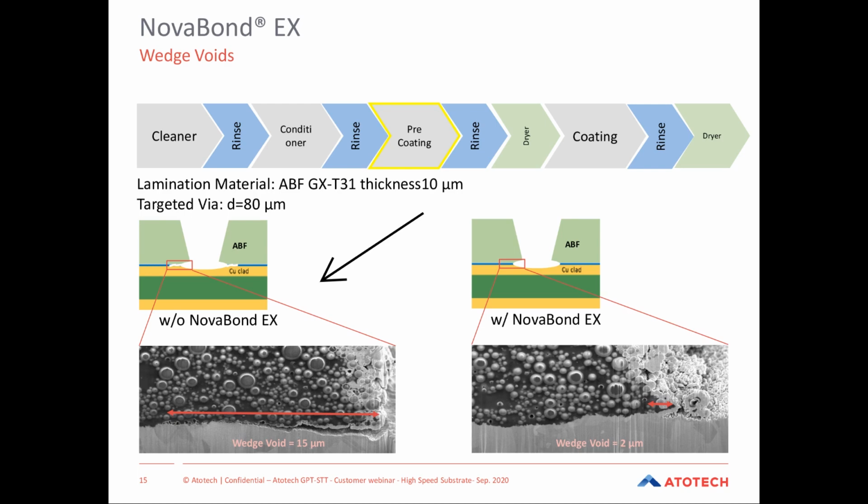With Novabond EX, we could significantly improve the wedge void performance. It means we can significantly reduce chemical attack or oxidation happening at the interface. Without Novabond EX it is almost 12 micrometer or 30 micrometer, and with Novabond EX it is only around 2 to 2.5 micrometer.